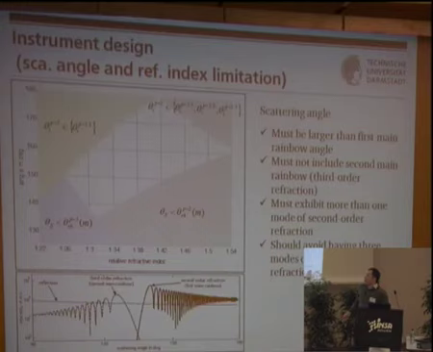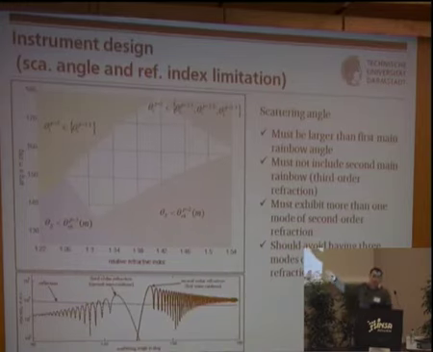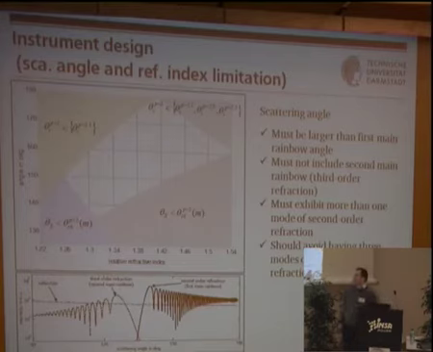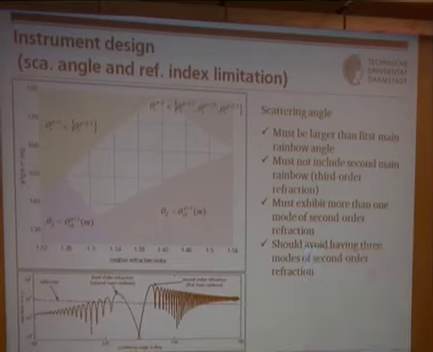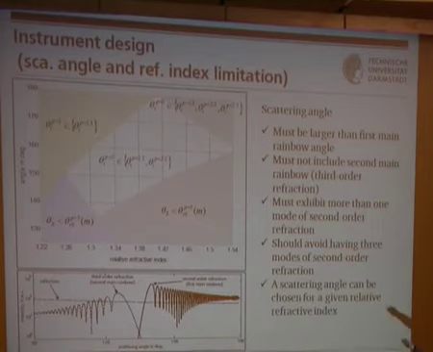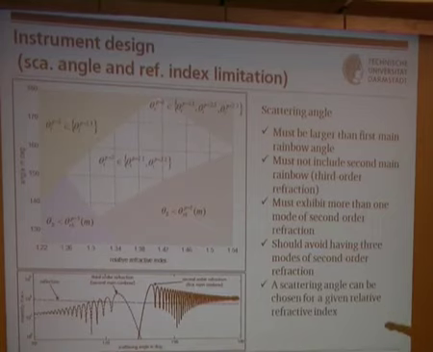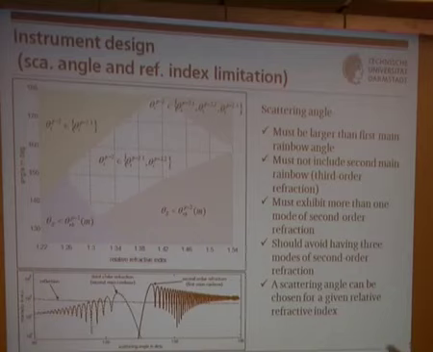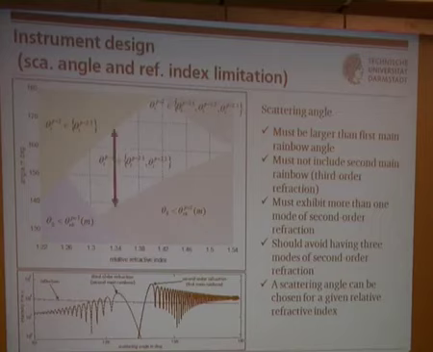Then you also have two cases where you have only one mode of second order refraction and where you have three modes of second order refraction. This is also not a useful region in this diagram. As a result, you have this region of the diagram where you can operate the time shift technique for characterization of transparent particles.